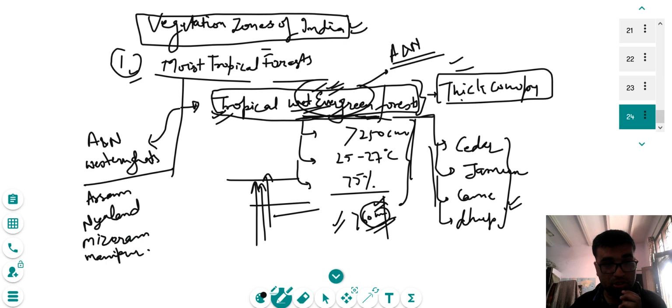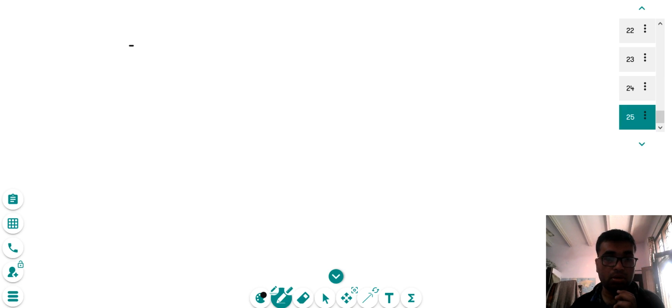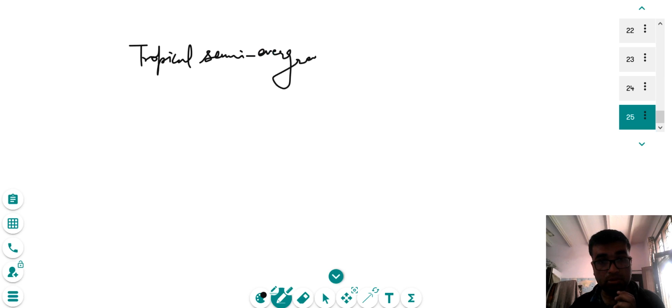So these are the regions in which these forests are found, right? So this was the first category of the tropical moist forest, the tropical wet evergreen forest, right? So the next that we will study is the tropical semi-evergreen forest.